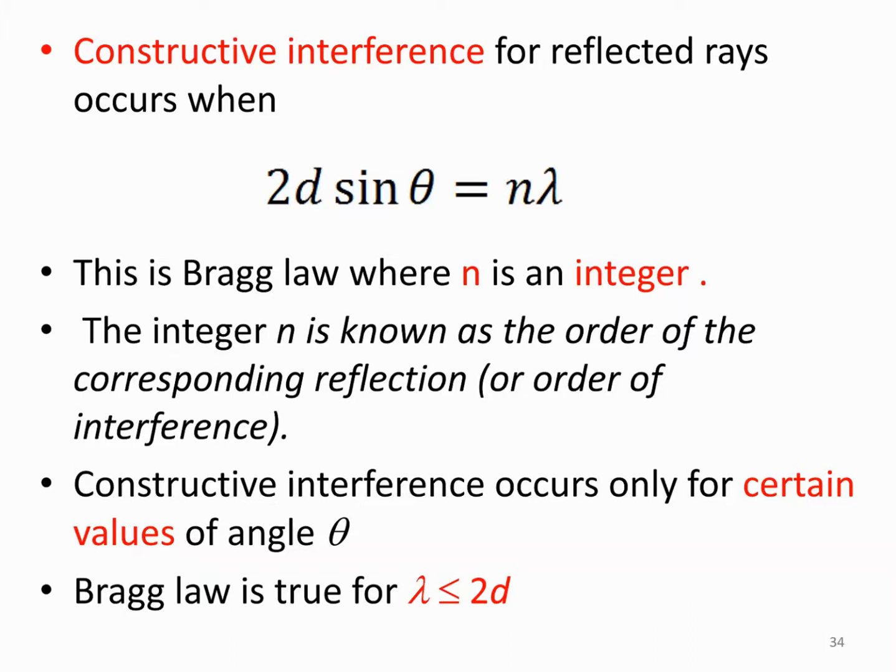And Bragg law is true when lambda is smaller than or equal to 2d. So when lambda is too large, like visible light at 600 nanometers, that is larger than 2d, then visible light will not be useful for this Bragg law.